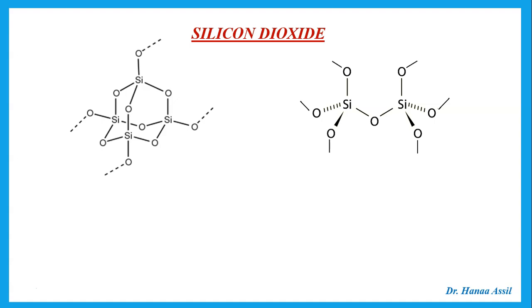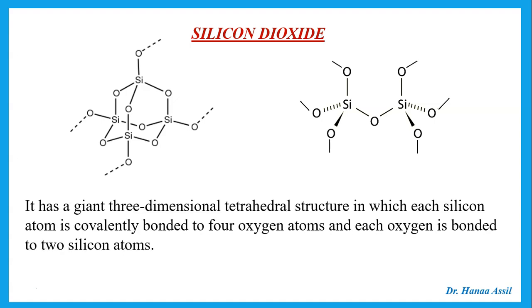Silicon dioxide is giant, three-dimensional, and has a structure very similar to diamond: a giant three-dimensional tetrahedral structure. But remember, diamond is made up of carbon, so it's an element. Silicon dioxide is made up of silicon atoms and oxygen atoms, so this is a giant covalent compound.